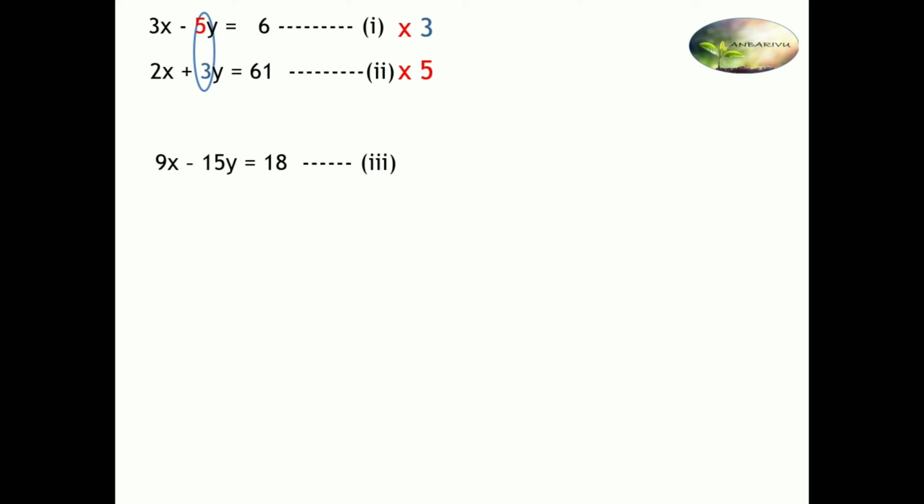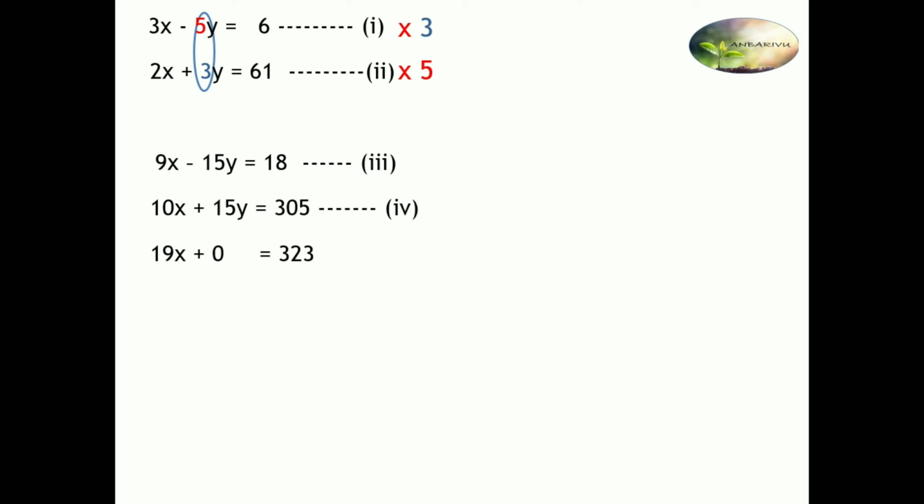Then the second equation I am going to multiply completely by 5. So 2x into 5, 10x, 3y into 5, 15y is equal to 61 into 5, 305. Now we can eliminate the y.